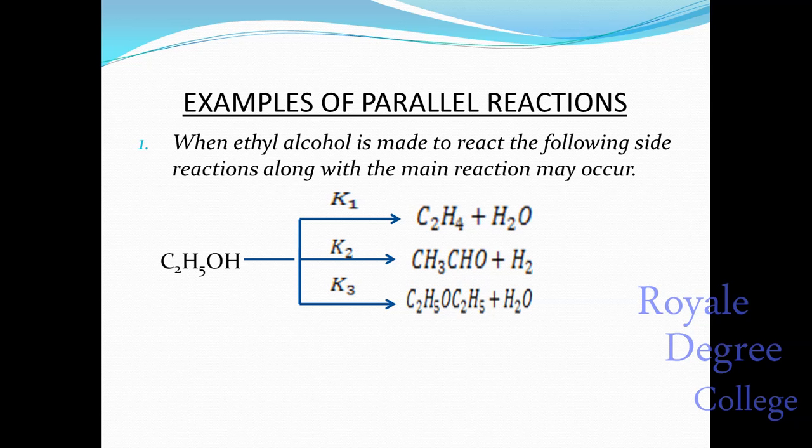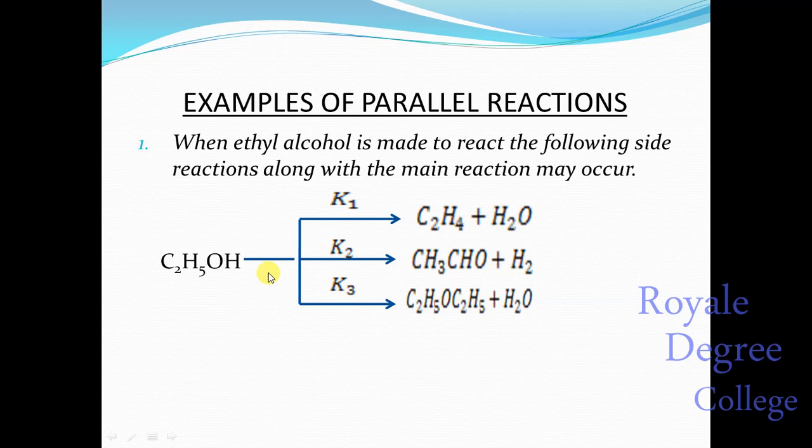Examples of parallel reactions we will see. When ethyl alcohol is made to react, the following side reactions along with the main reaction may occur. See here, we are taking ethyl alcohol at the rate constant K1, and we are getting these two products, C2H4 ethylene along with a water molecule. This is our main reaction. And from ethyl alcohol only, at the rate constant K2, we are getting acetaldehyde along with hydrogen.